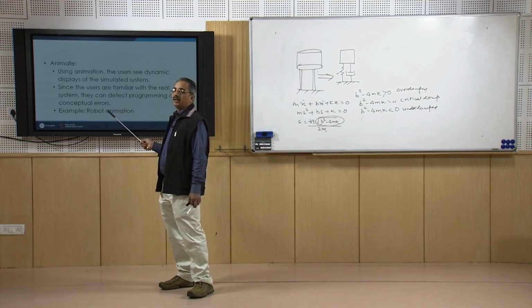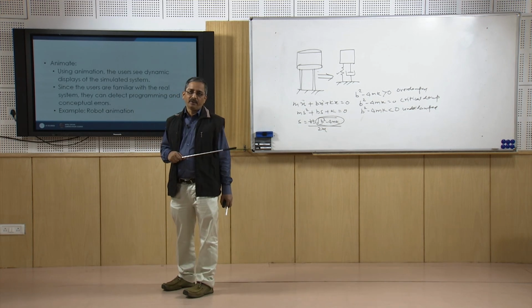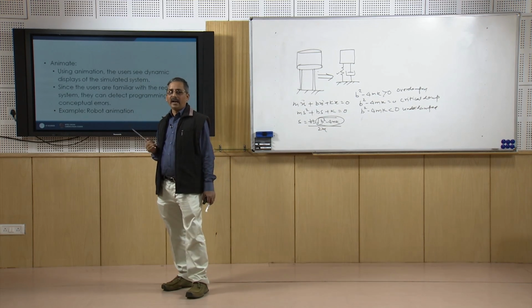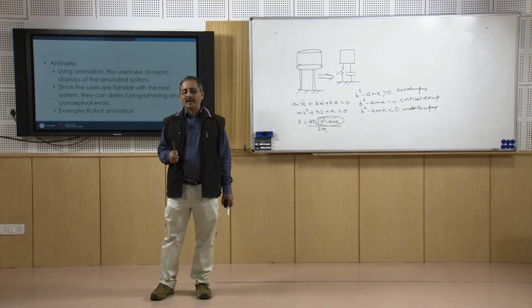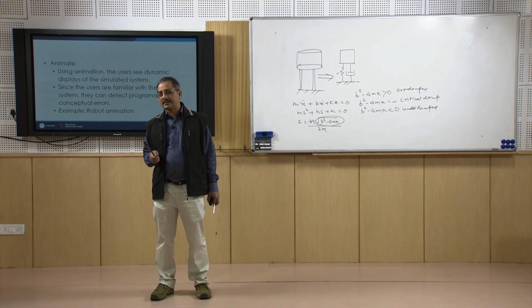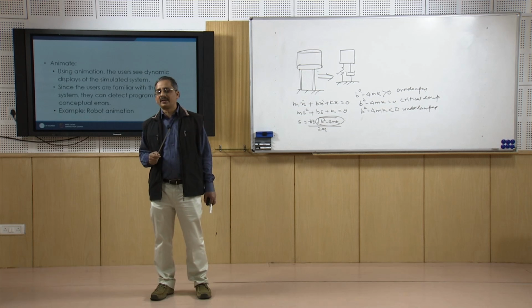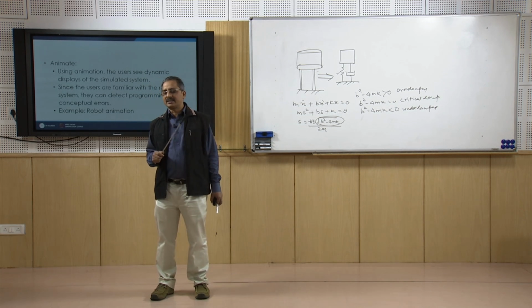You can judge how your system is behaving. This animation helps us many times, giving insight that the simulation result does not, because many times it is difficult to interpret your simulation result.